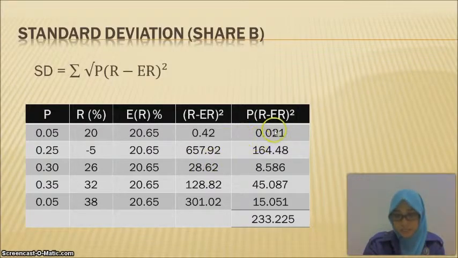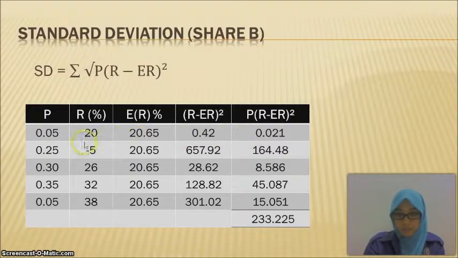And lastly, to get the variance of share B, we use the same method. The answer of the fourth column, we times with probability. For 0.05 of probability, we times 0.05 with 0.42, then we get 0.021.